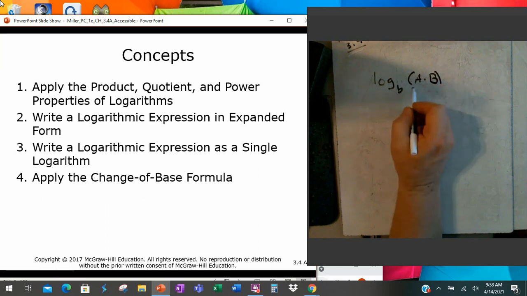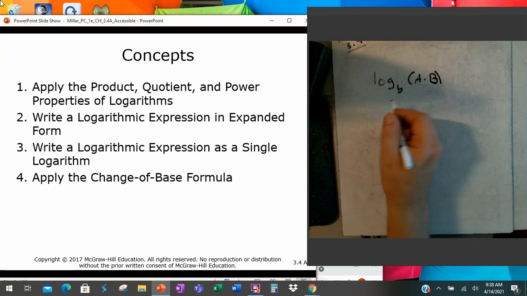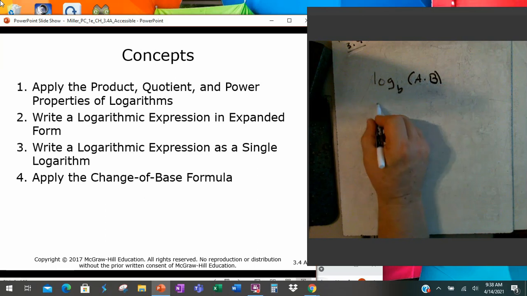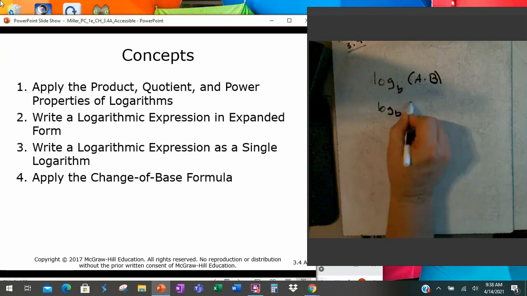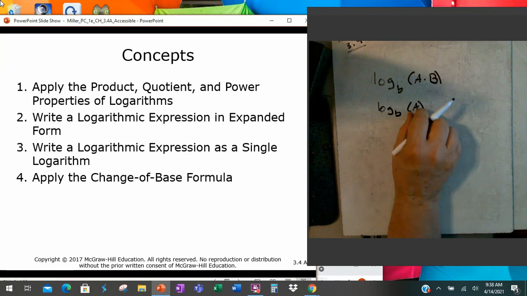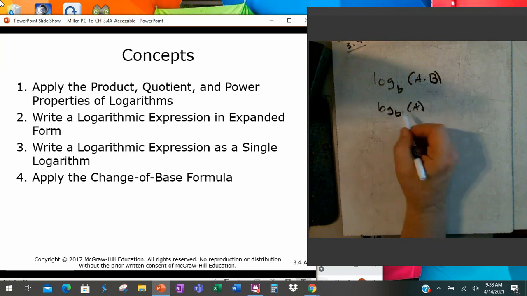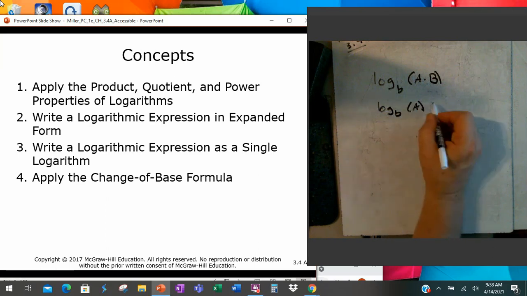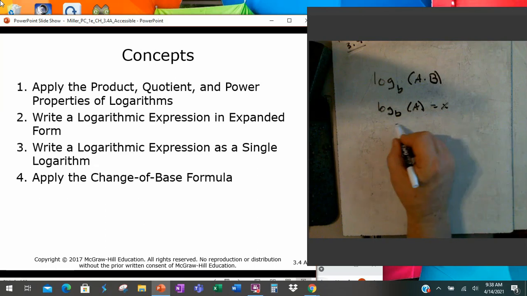When I'm doing it, I want you to consider that if I've got some number that I wanted to do this with, any number I can represent as a power of that base. Okay, right? That is the log function. So for some number, this would be x.